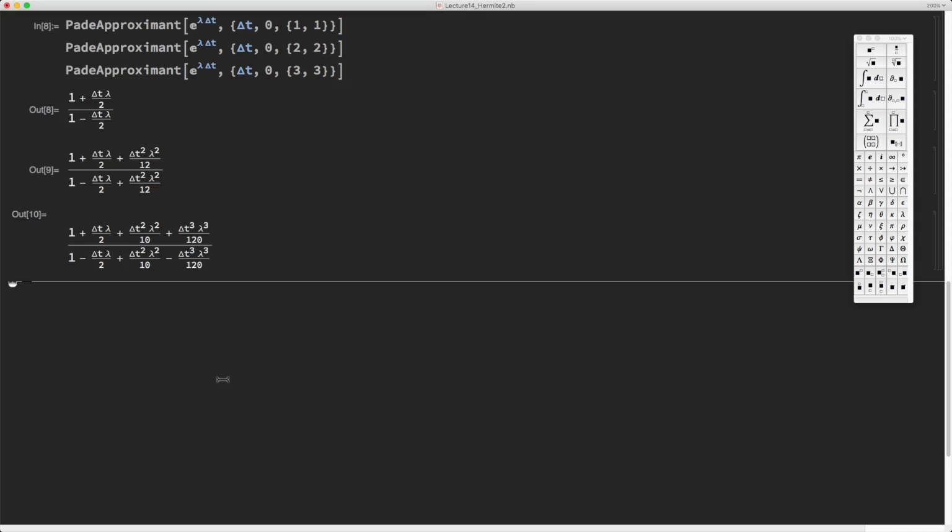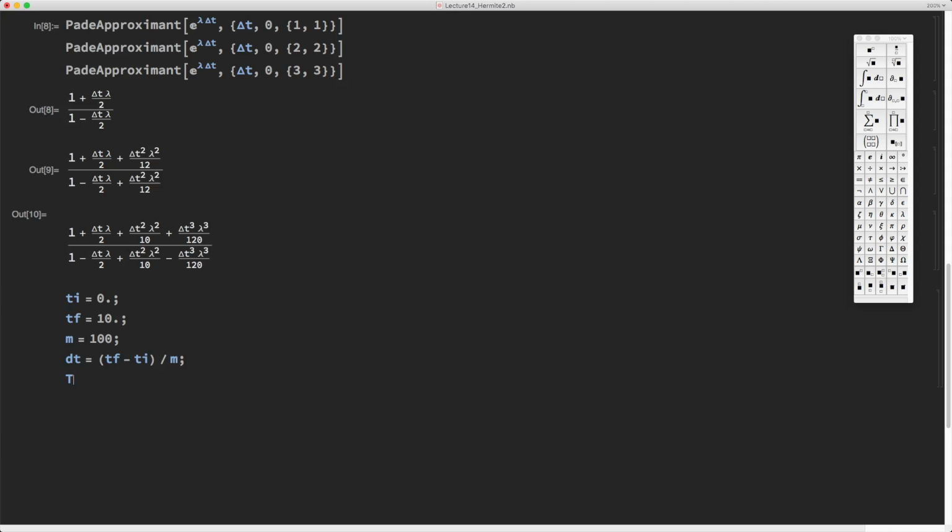So let's define some initial time 0 and some final time, let's say 10. And let's suppose we want to integrate for 100 time steps, and then delta t would be tf minus ti divided by m.